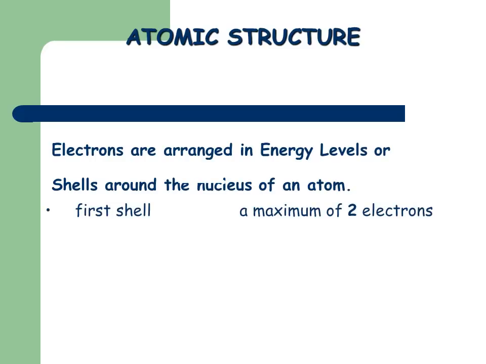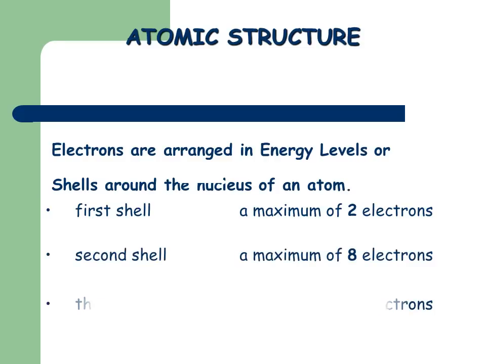In the first shell, as we were mentioning earlier, you have a maximum of 2 electrons. Make sure you get that down, because you'll be using it in this class. You will also be using it in classes you take in the future here. The second shell is a maximum of 8 electrons, and the third shell also with a maximum of 8 electrons. Again, once a shell is filled, then the electrons go to fill the next energy level.